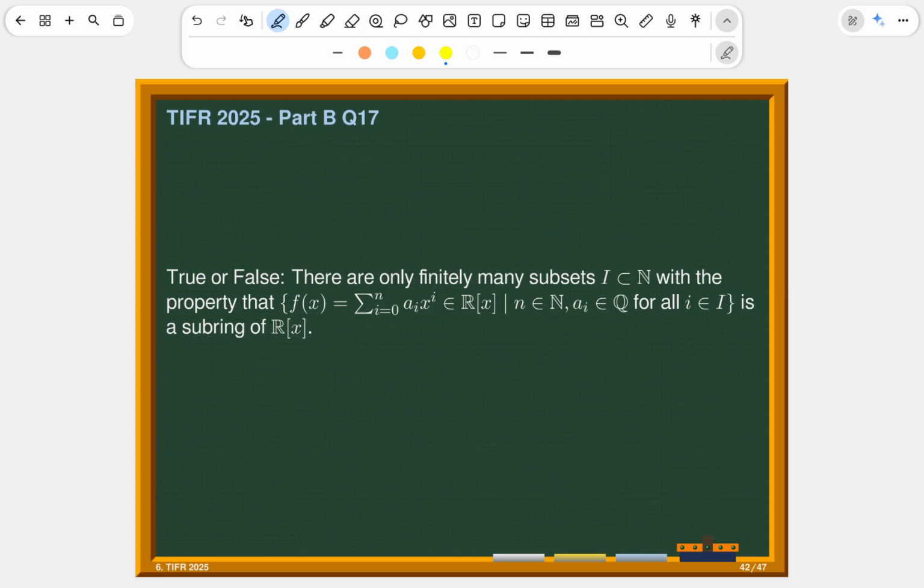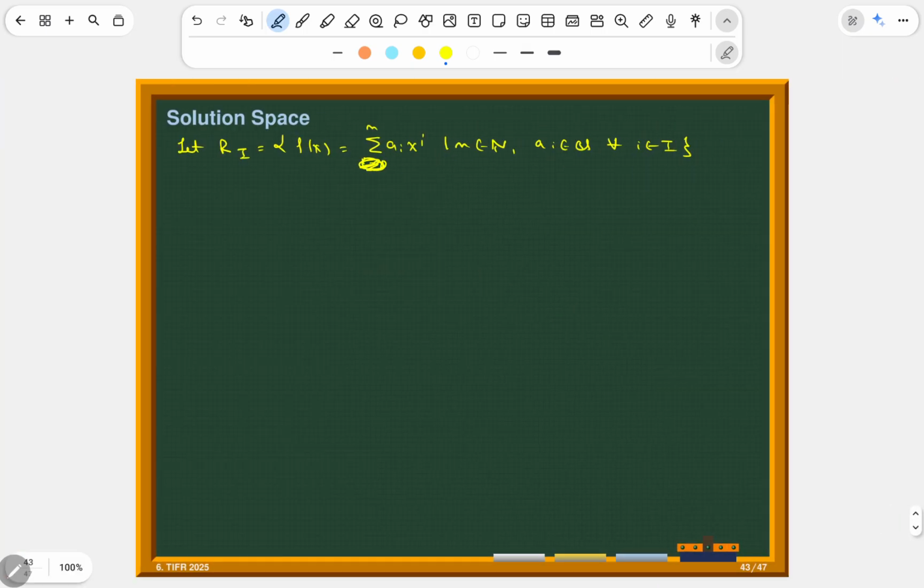Yes, this is not something we require, because we are indexing over the subset of natural numbers, which is I.